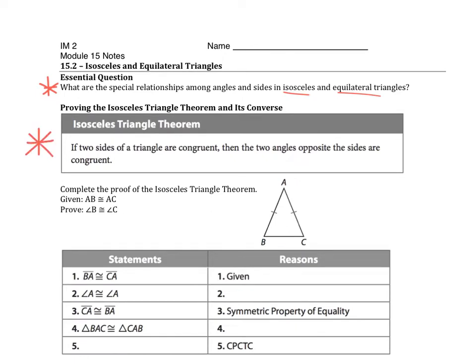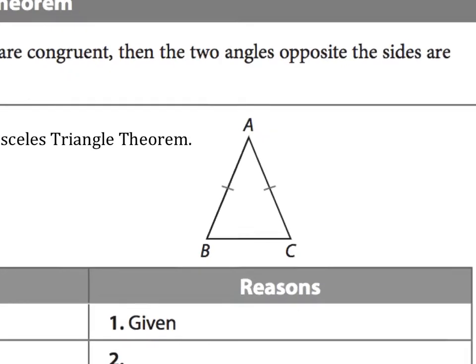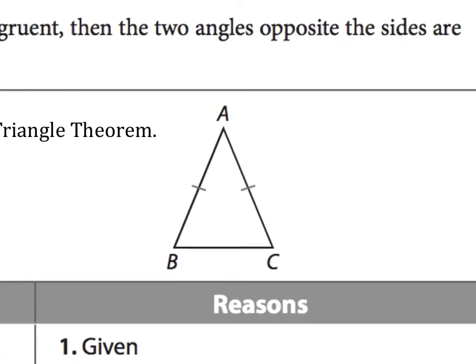If two sides of a triangle are congruent, so if they're the same, then the two angles opposite those sides are also congruent. So what that's saying is if I know these two sides are congruent, AB and AC, then the sides opposite that, and remember opposite means across from.